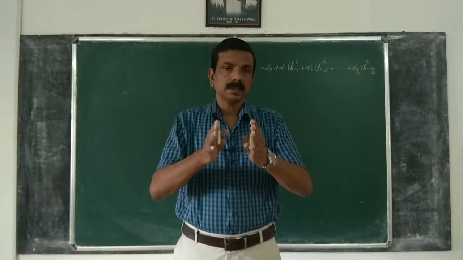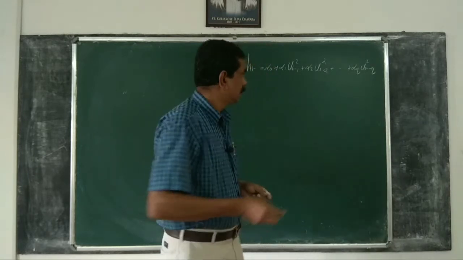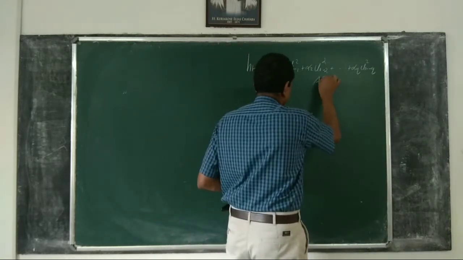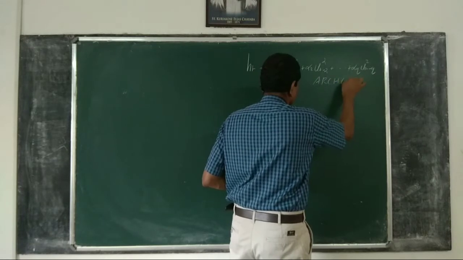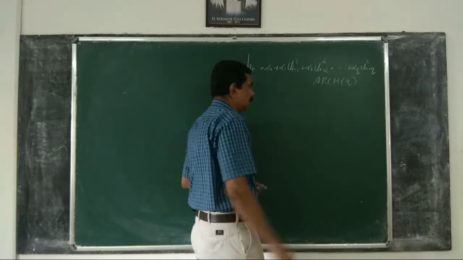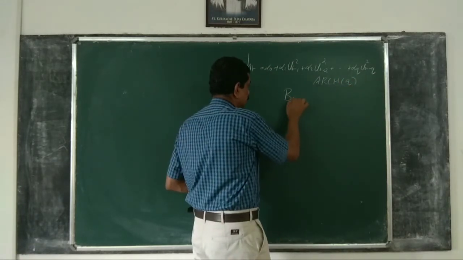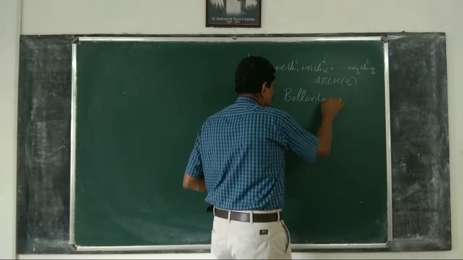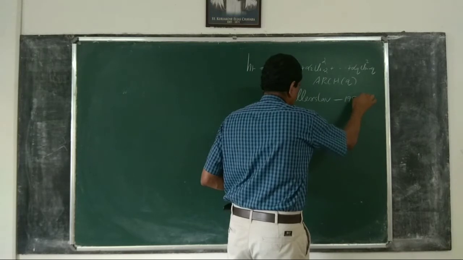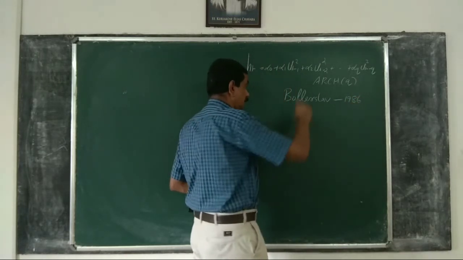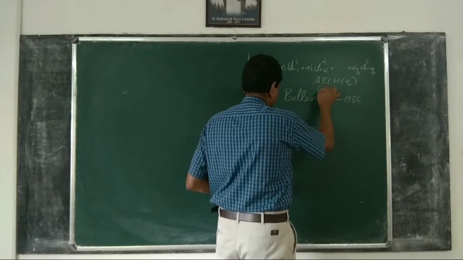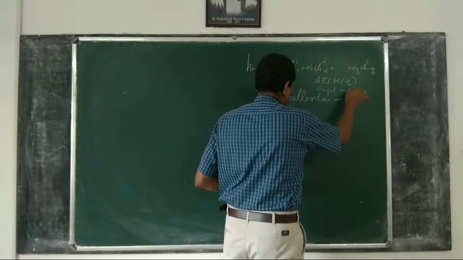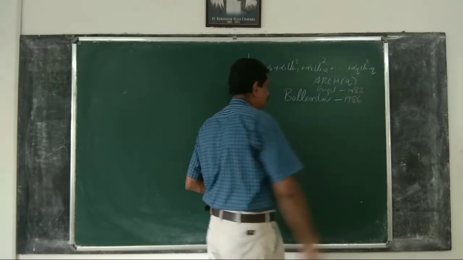So an alternative to ARCH(q) is suggested by Bollerslev in 1986. ARCH was originally introduced by Engle in 1982.